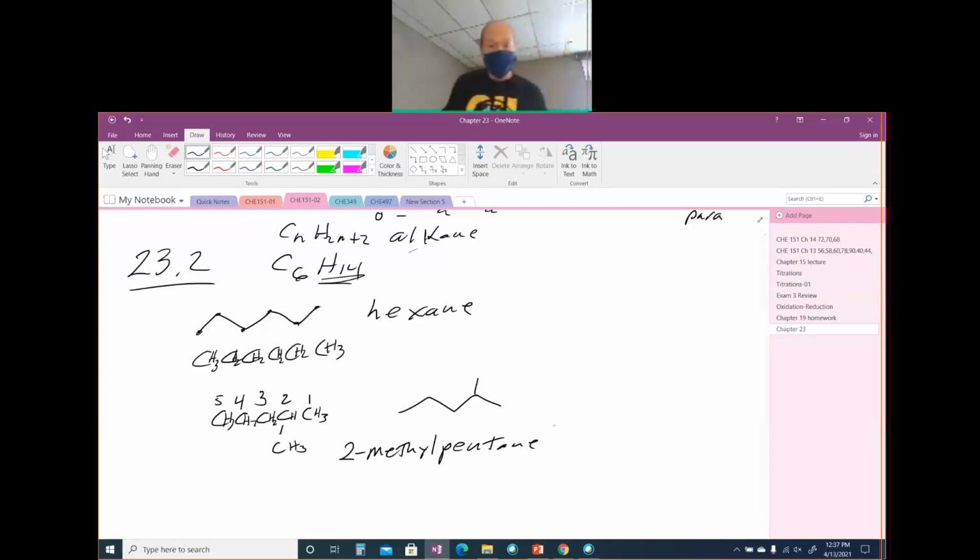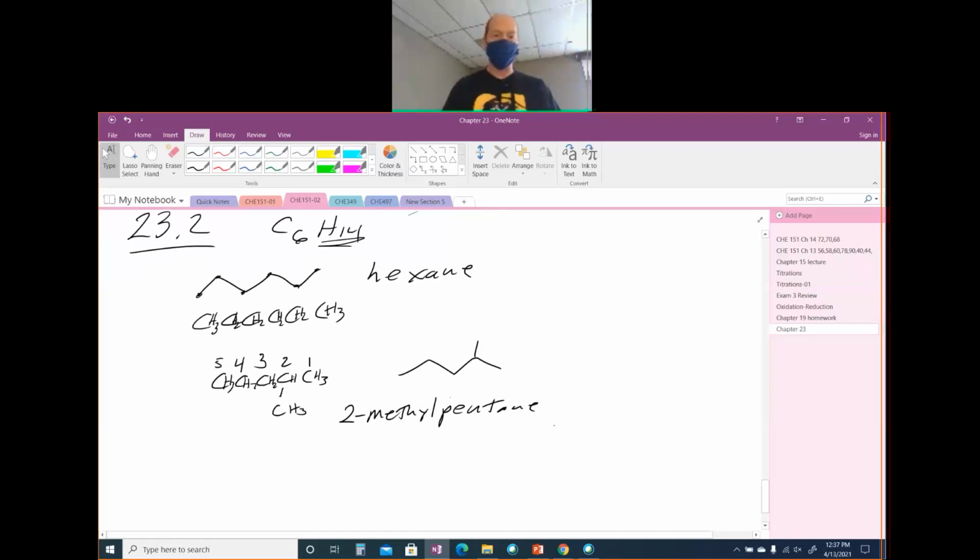So that is 5 in a row, but there is another place that you can put that 6th carbon. If you put it on either one of these, you're back to the 2. If you put it on the end, then you're 6 in a row, but you could put it here. So you could have your 5 carbons and put it off the carbon that is in the middle. So you got your H3, your H2, your H, H3.